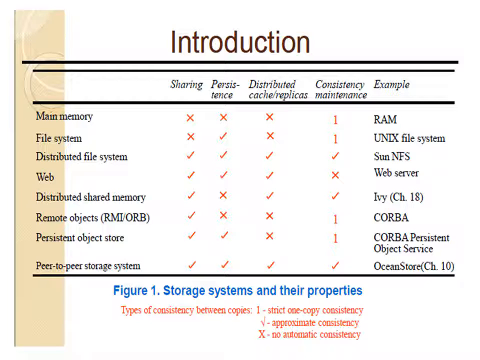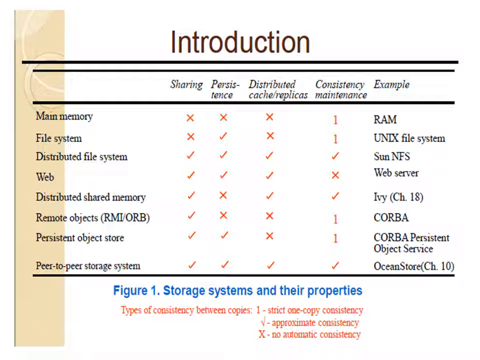Sharing will be there, but there is no persistence and no distributed cache, and there will be one strict copy of the remote object. An example is CORBA. Next, persistent object store. It is shareable and persistent, there is no distributed cache, and there will be one copy of that persistent object store. An example is the CORBA persistent object service.